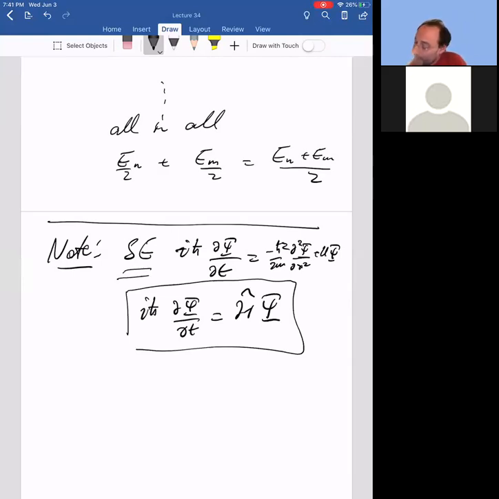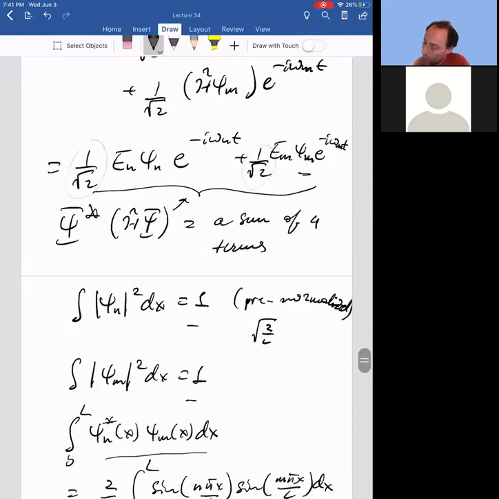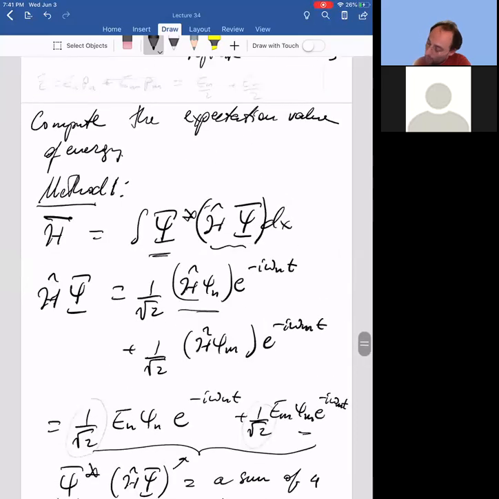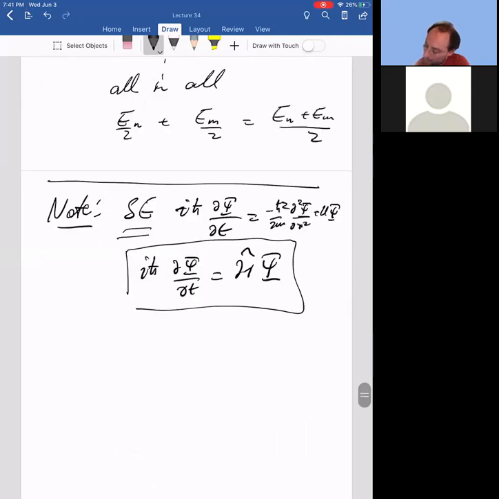And so when you had to operate with the Hamiltonian operator on the wave function, instead of doing it spatially, you could instead do it temporally. So here's the trick, right?